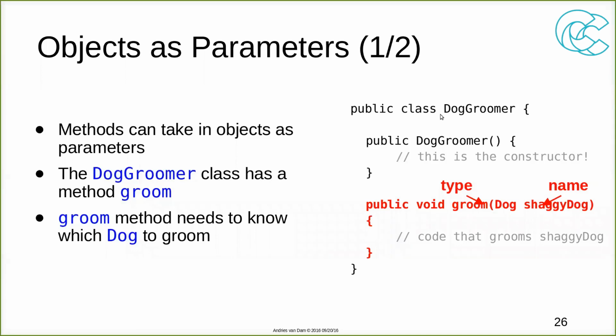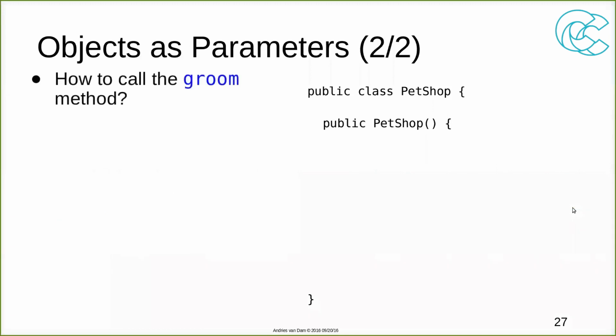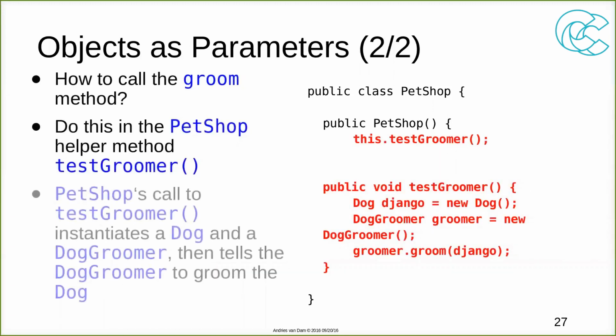One of the methods in the pet shop calls the groom method, and it passes the Django object. But on the other end, on the dog groomer side, there's a parameter that takes in that value, but the name of that parameter is Shaggy Dog. So Shaggy Dog and Django refer to the same memory location, which we will see in this class. That is all we discussed in the previous lecture.